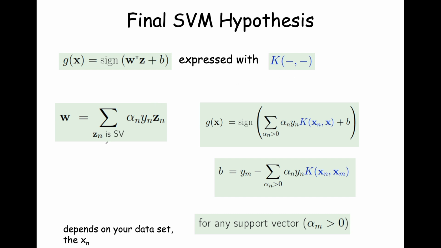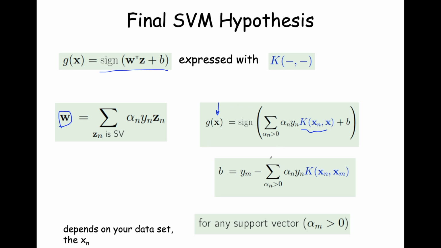We identify our support vectors, and with our support vectors in z-space, we can compute what our final best hypothesis W is. Then we take our definition of the final best hypothesis for that W and substitute in what this W is, and this gives us a set of inner products, a kernel function evaluated across the entire data set, given that input parameter X.